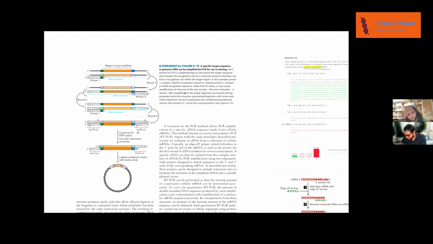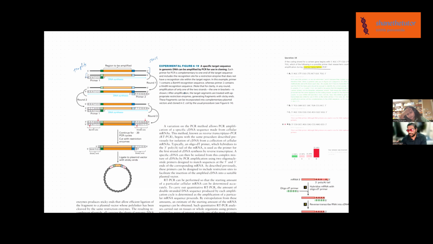So let me write something. So this is the sense strand, the coding strand. And then this is the template strand, and the template strand is complementary to the sense coding strand.